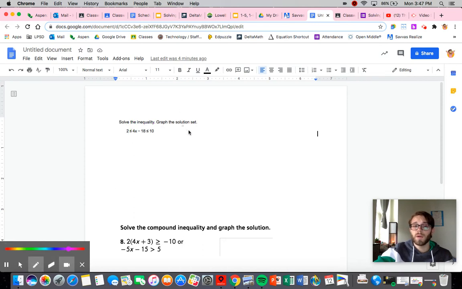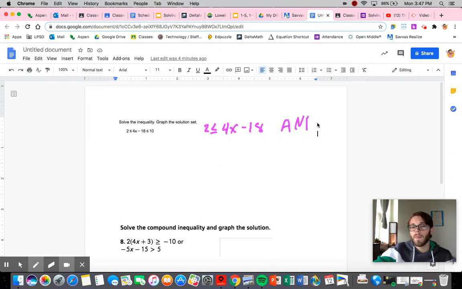If we were to rewrite it, it would be the same thing as 2 is less than or equal to 4x minus 18 and 4x minus 18 is less than or equal to 10. So you could do it that way and rewrite it as such.